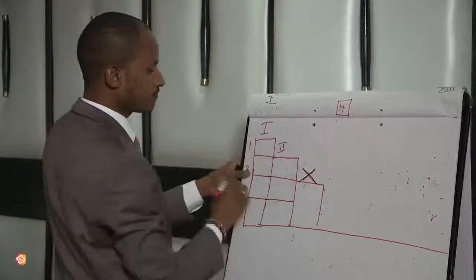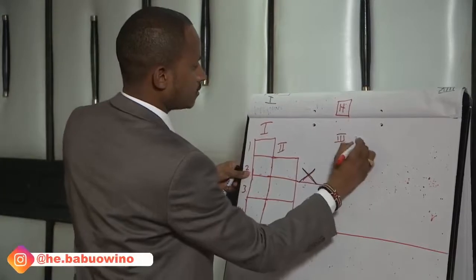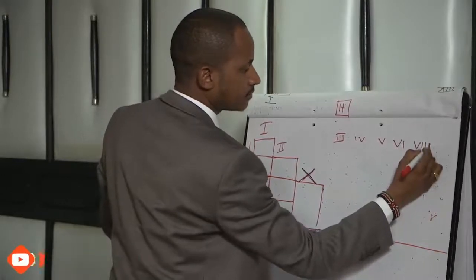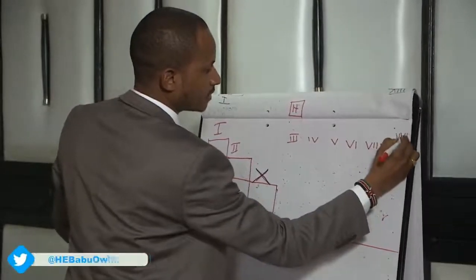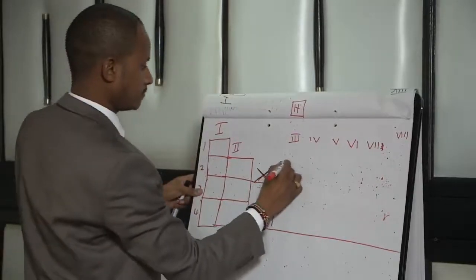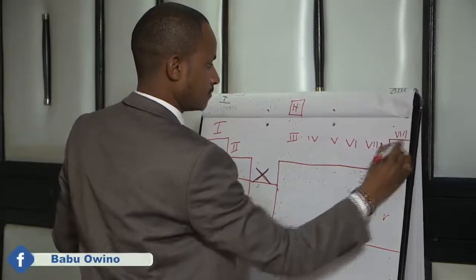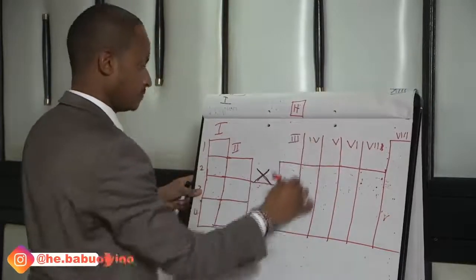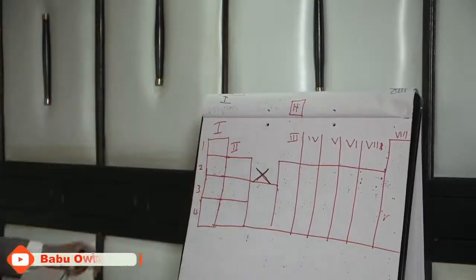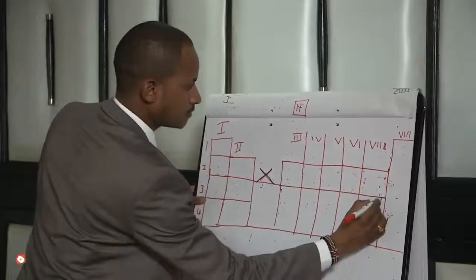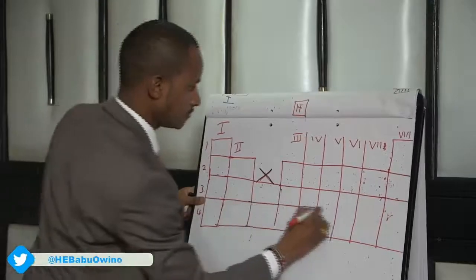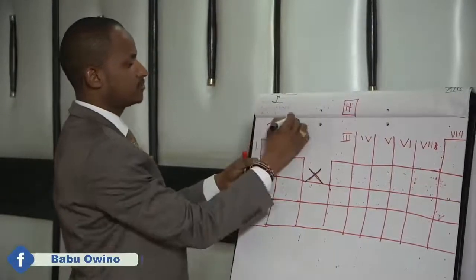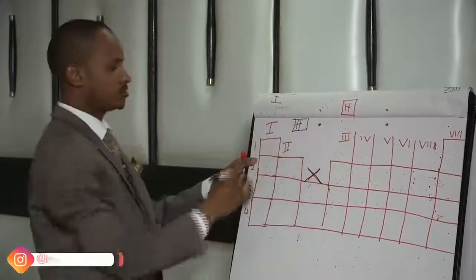So group 1, group 2, group 3, group 4, group 5, group 6, group 7, and finally group 8. Good. So from there, we said hydrogen comes here because it is a nonmetal.